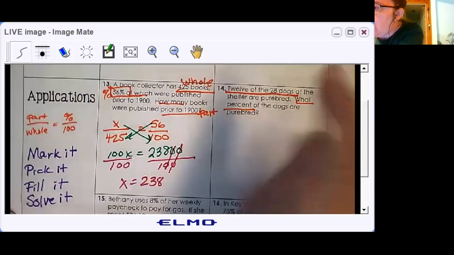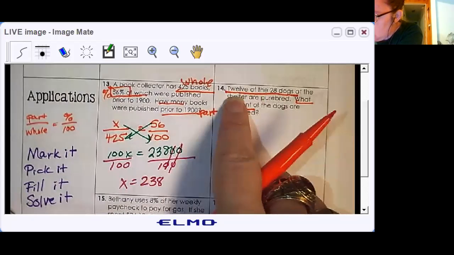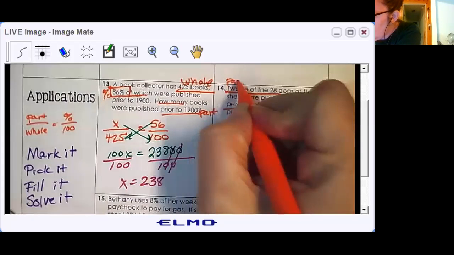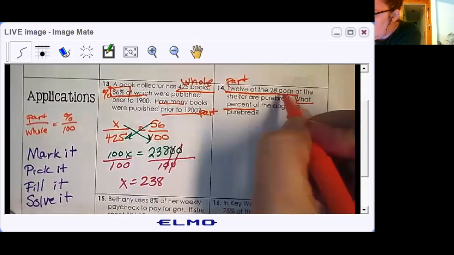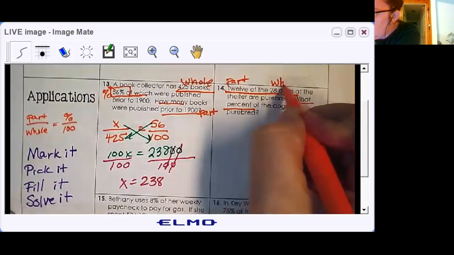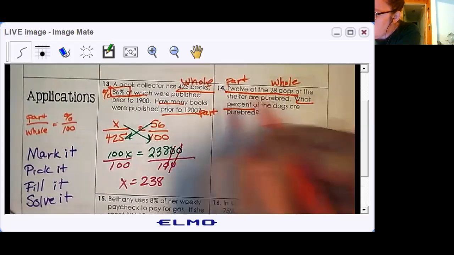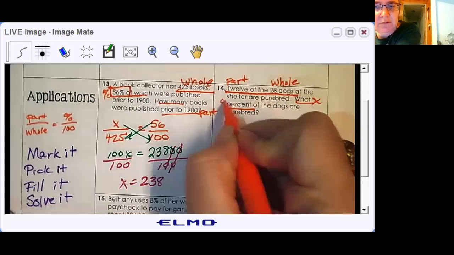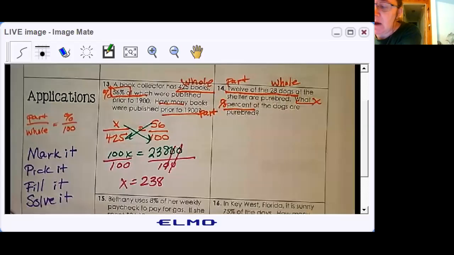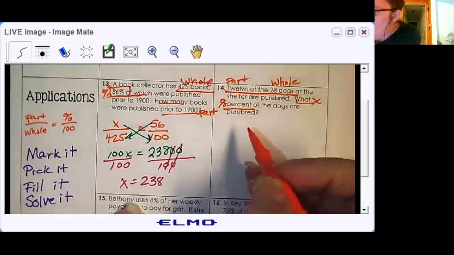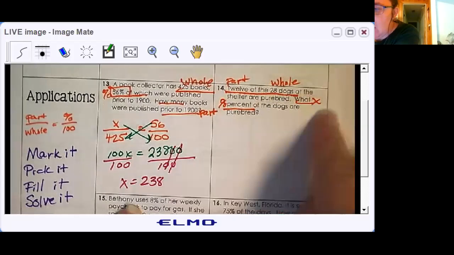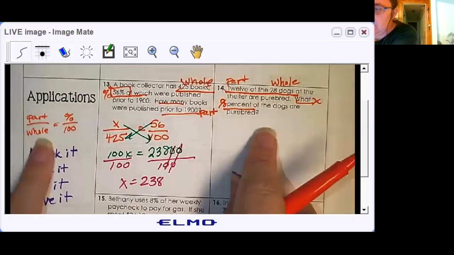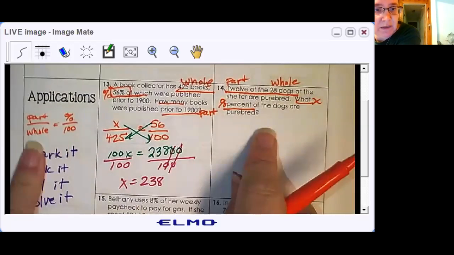So 12 means this is my part. 28 dogs total in the shelter, that's my whole. And they say what percent? So the what tells me what I'm looking for. So now I can fill in. I've marked everything I need. I already know I'm doing a percent proportion, so I've picked the formula.